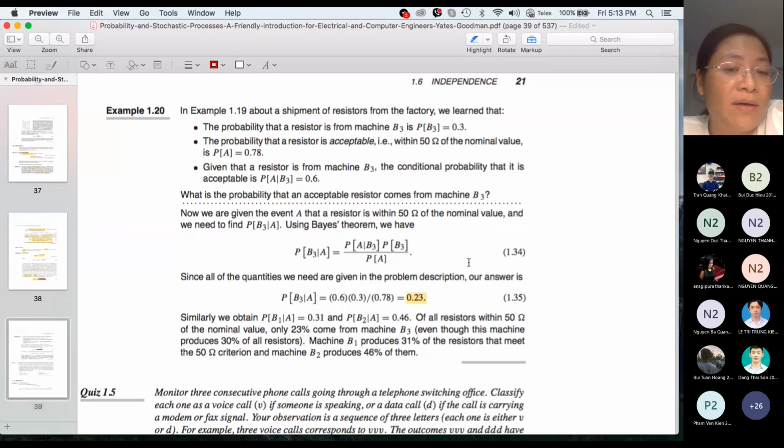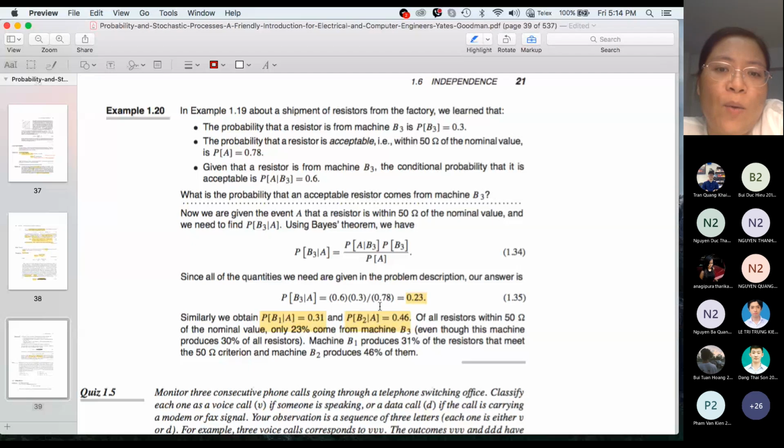Using Bayes formula, B1 given A equals 0.31, and B2 given A is 0.46. So if we know information A, the resistor produced by B2 is the most frequent.